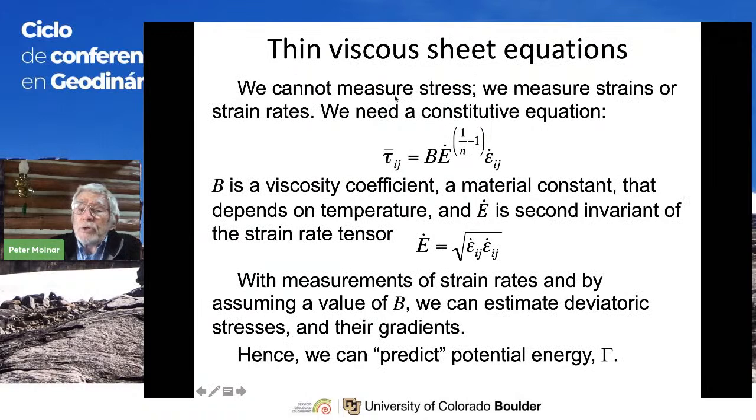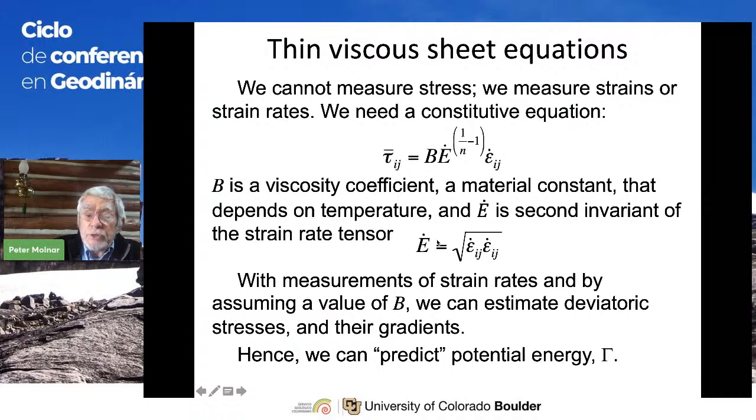Now, we can't measure stress, but we can measure strains or strain rates. And if we do, and we have a constitutive relation, so that if we have strain rates, we can infer stresses that scale with some viscosity coefficient. This quantity would be a viscosity. If n were 1, we would have Newtonian viscosity.